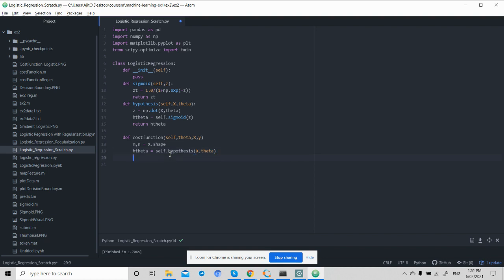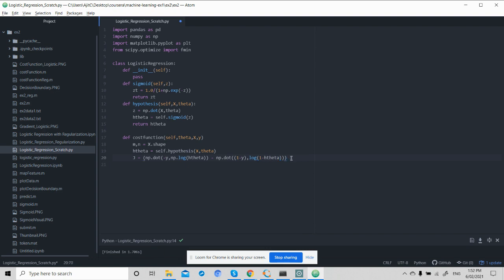This is how we get h theta, and then compute J. J will be my np dot product of minus y times np log of h theta, minus np dot product of 1 minus y, comma log of 1 minus h theta.